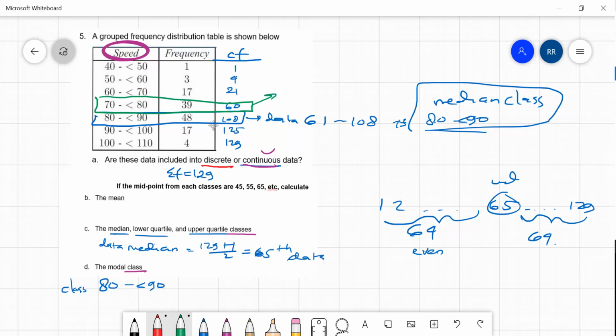Because I know that this is data number 22, because after 21 is 22, until data number 60, which means that data number 32 and data number 33 is also here. So the quartile 1 class is going to be 70 until 80.